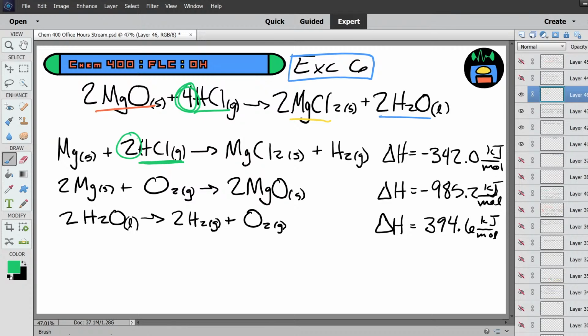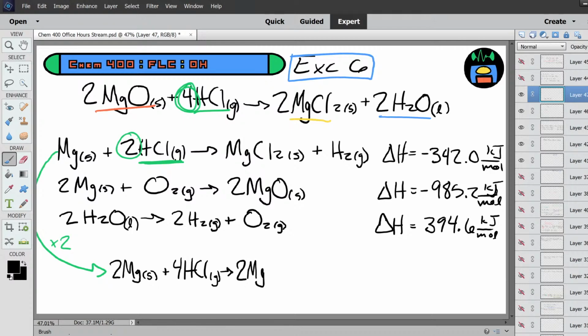So we need to take this reaction here and multiply everything in it by 2. When we do that, we get 2 moles of solid magnesium plus 4 moles of HCl gas produces 2 moles of magnesium chloride solid plus 2 moles of H2 gas.